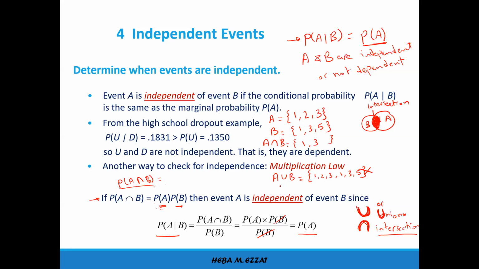So to have A union B, we say A plus B negative the intersection between the two of them. So here we will have 1 2 3 5.